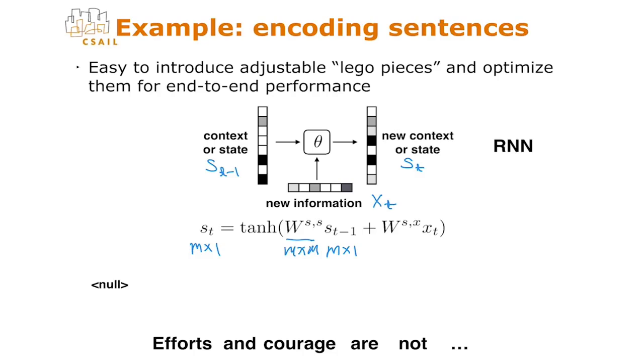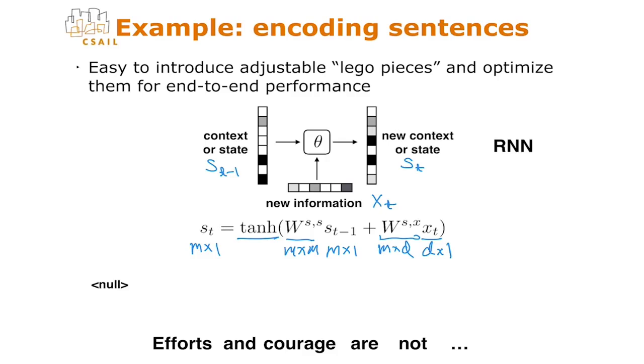We add to that the new information that the word here, represented by, say, a d-dimensional vector, brings in to the state. That transformation from the word to the state is represented by the parameter matrix W_sx, and it will be an m times d-dimensional matrix. What's inside the argument of this tanh function now is an m-dimensional vector. So we apply that tanh transformation element-wise to turn that into a new representation of the state.